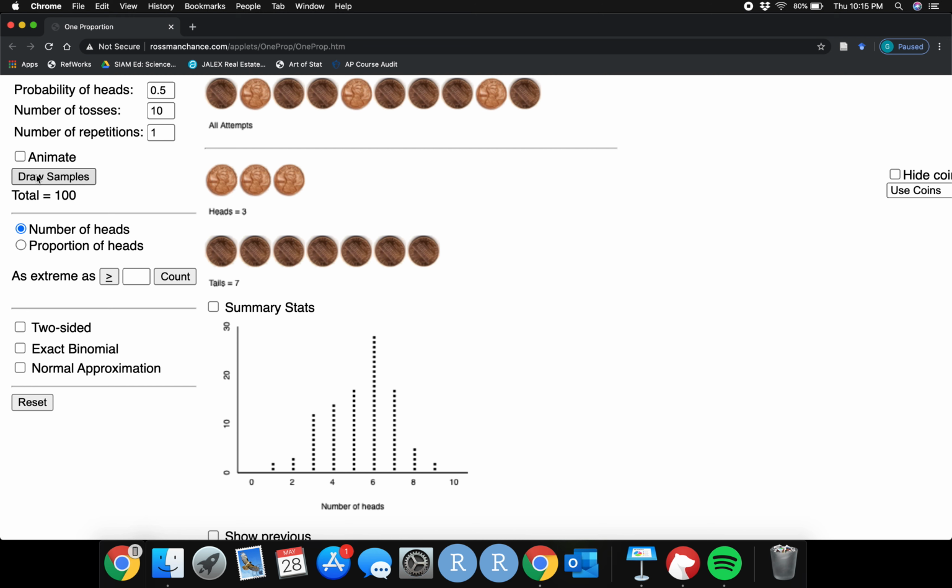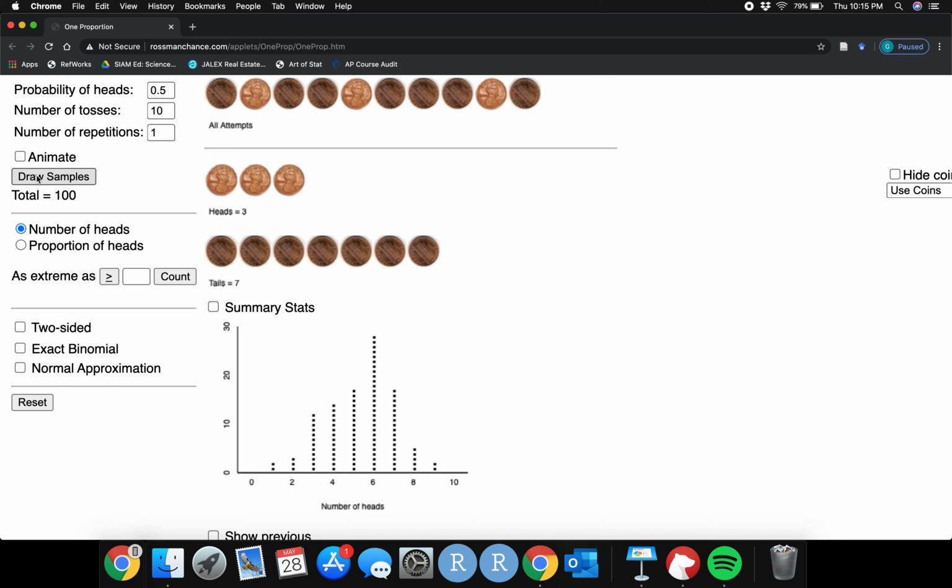So there were 100 flips of the coin, and if you look at this dot plot down here, you'll see hopefully something interesting. Out of the outcomes I did see, I saw all the way from 1 head and 9 tails to 9 heads and 1 tail. So we saw a lot of different outcomes, but some were more popular than others, and that should make some sense to you.